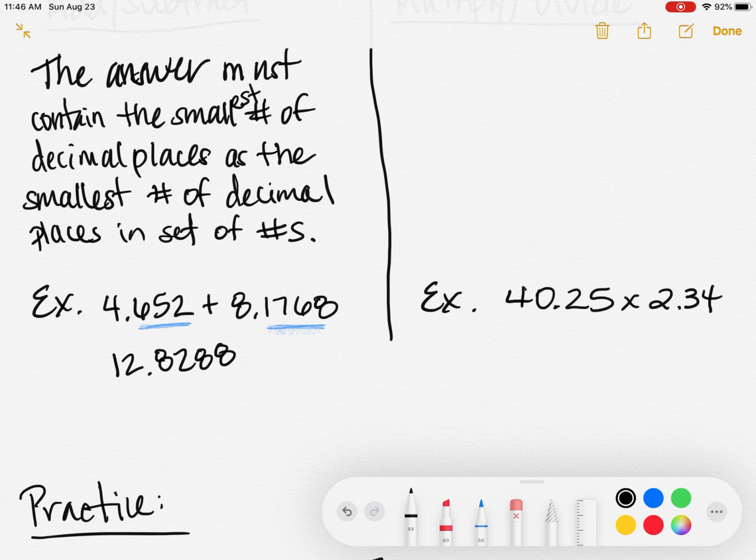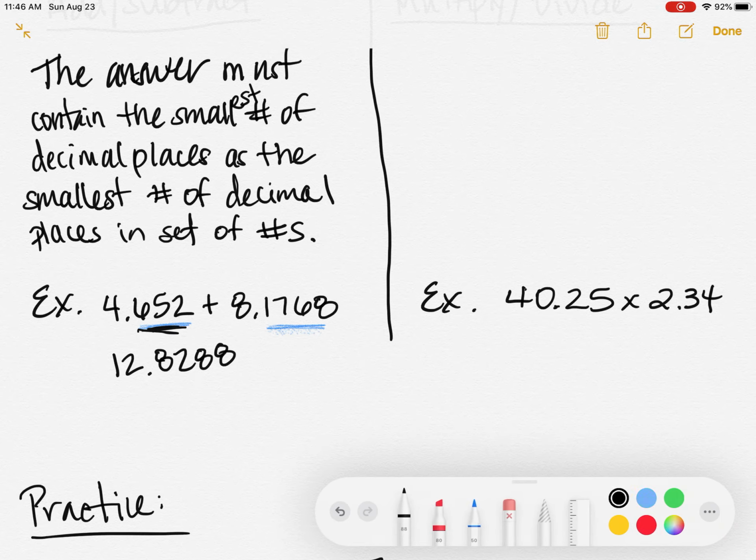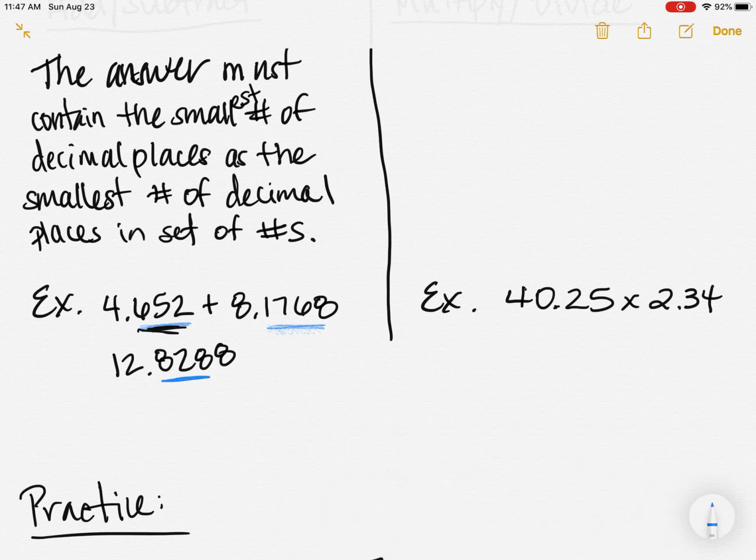So that means my answer can only have 3 decimal places to match this one. Okay, so that means I am interested in keeping these 3 decimal places, and then of course I would ask myself, does the 8 out here round this 8? And the answer is yes. So I would report my answer as 12.829 in this case. Notice the 3 decimal places matches the 3 decimal places.